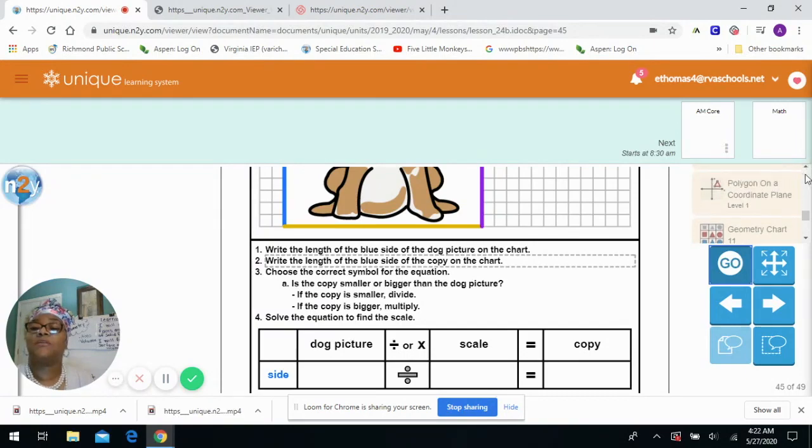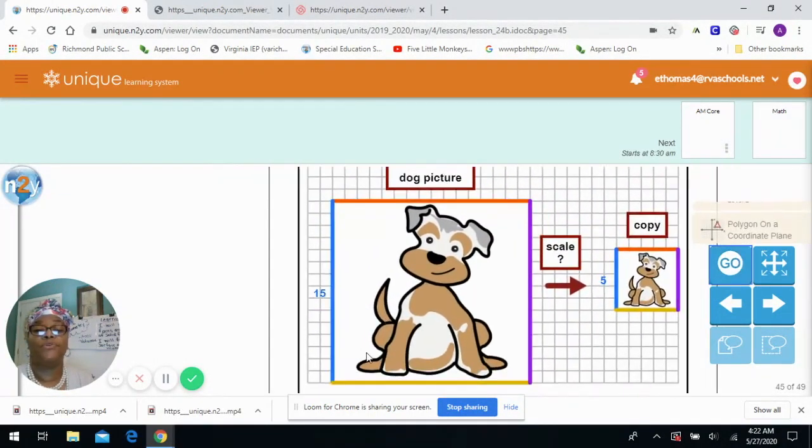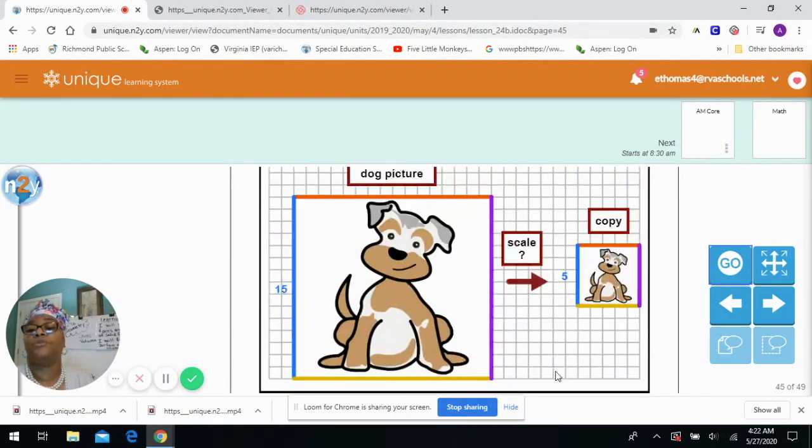So take the charts, get all of the charts and glue them or paste them in your notebook. And remember, when you're using these, read everything and study this, okay? When it's smaller, you divide. When it's bigger, you multiply.